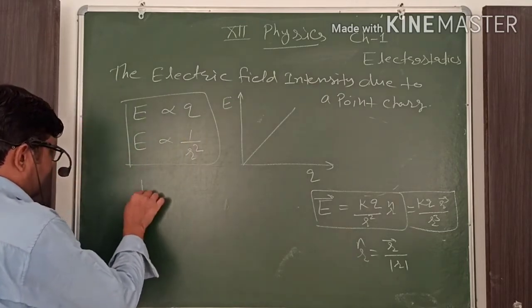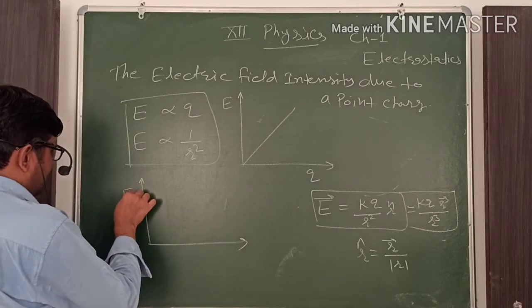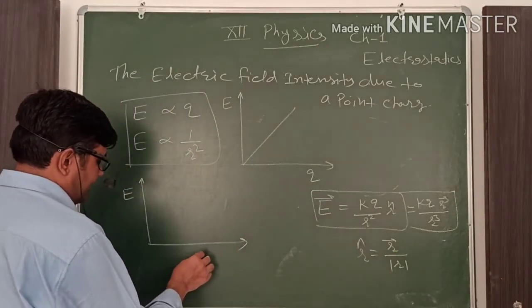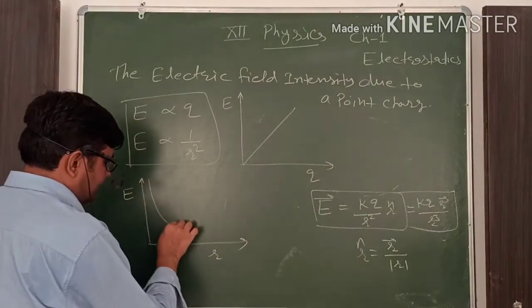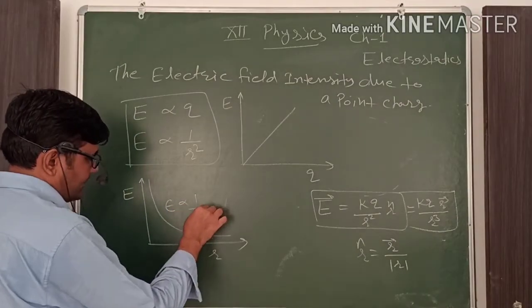Next, the graph between the electric field intensity and R, which is the distance between the test charge and the source charge. Here it is inversely proportional, that's why the graph is E inversely proportional to R square.